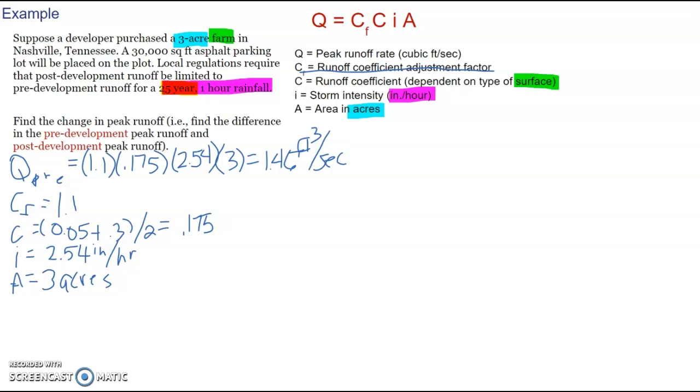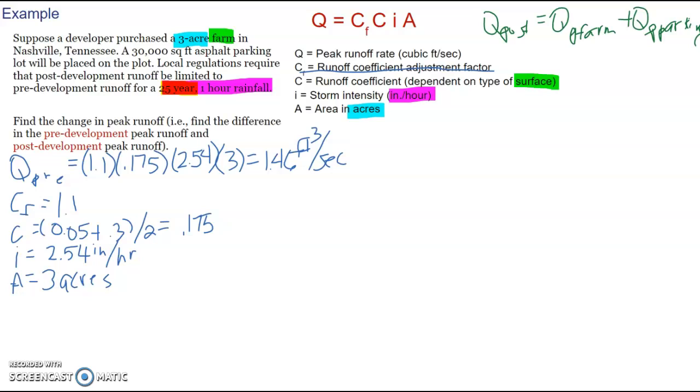Now we've got to figure out our Q post. So Q post, I'm going to start it up here. For Q post, we have to look at 2 different things. Our Q post is going to be our Q post farm plus our Q post parking.